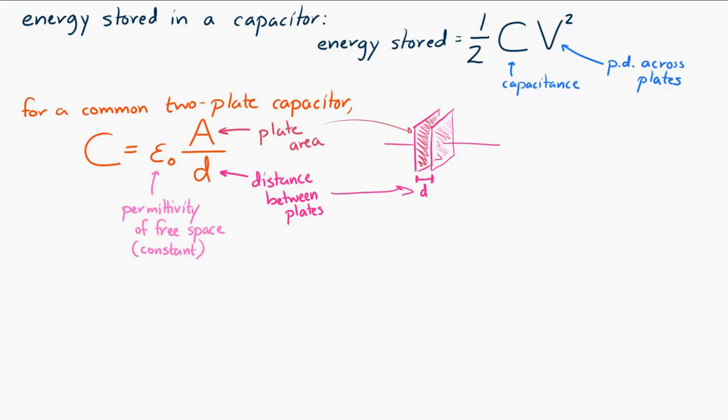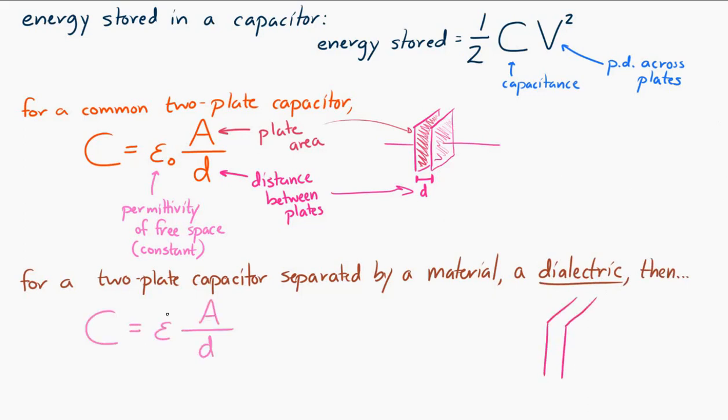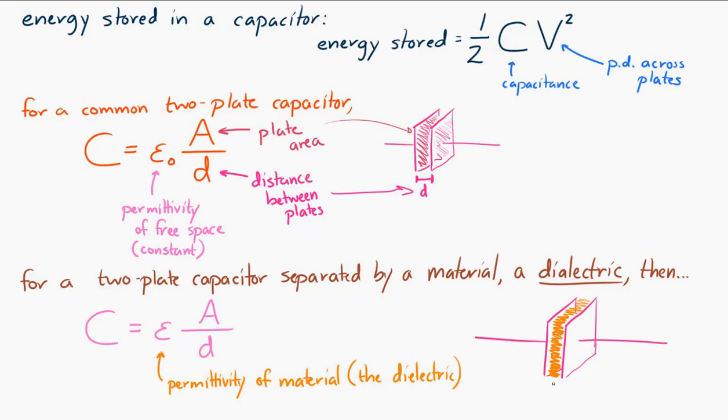Now, if we make a capacitor that isn't separating the two plates with vacuum, but instead with some kind of material called a dielectric, then the expression becomes C is equal to epsilon A over D, where epsilon is the permittivity. Every substance has a different permittivity. If we had a capacitor with two plates separated by plastic, the plastic has a certain permittivity associated with it.